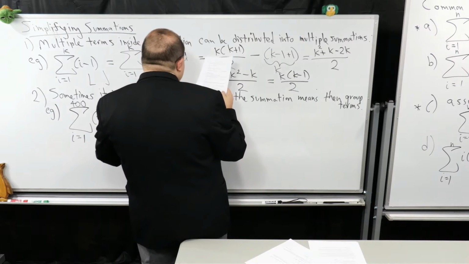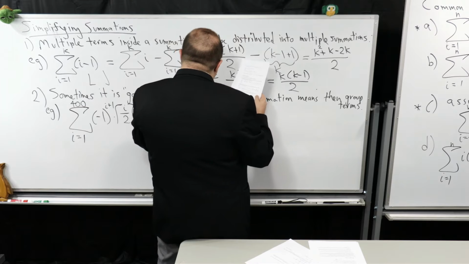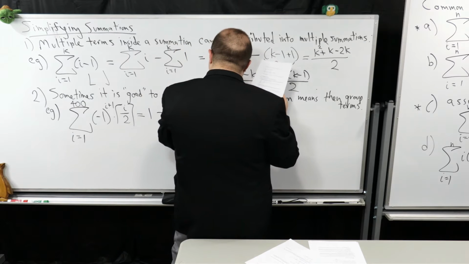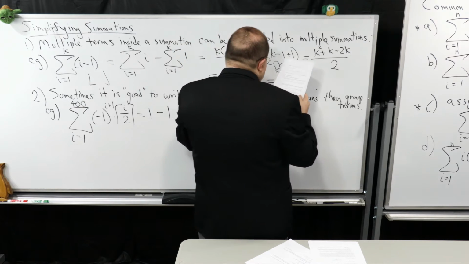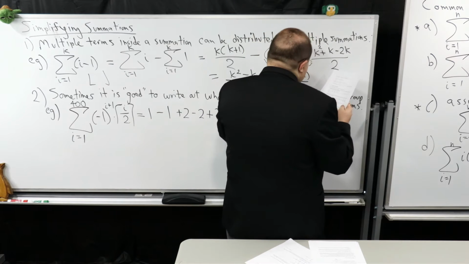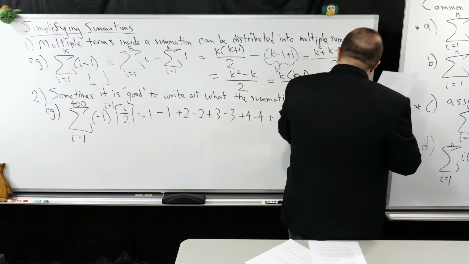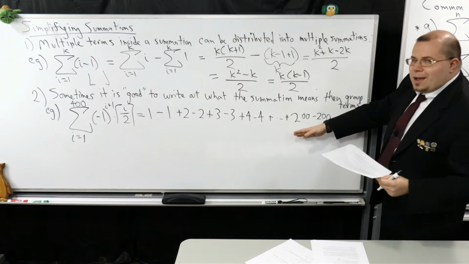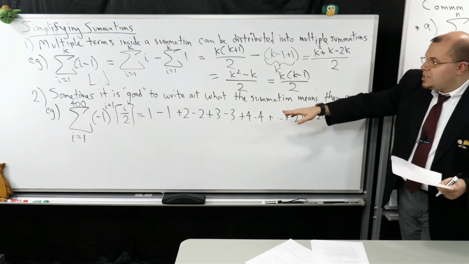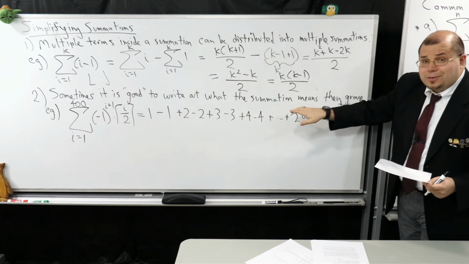Anyways, so if I write this out, I'll let you think about it. It's 1 minus 1 plus 2 minus 2 plus 3 minus 3 plus 4 minus 4 plus all the way up to plus 200 minus 200. So do you see what's happening now? If you actually look at this and you try out each one of the terms for a little while, you start seeing the pattern.